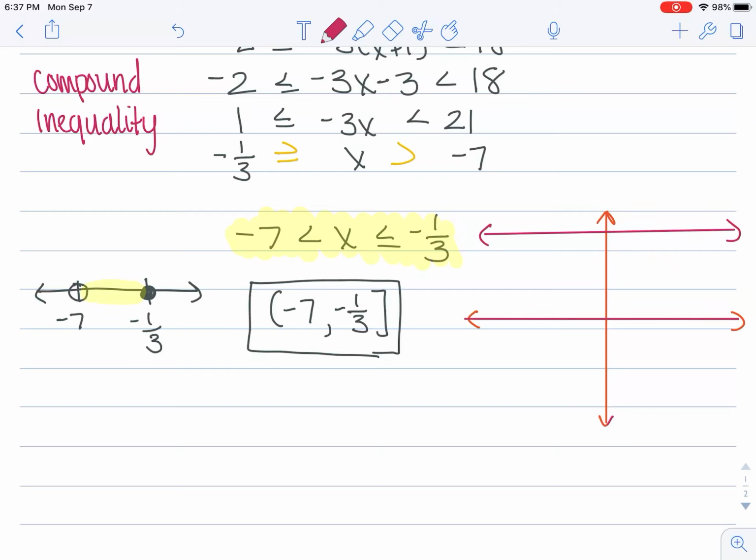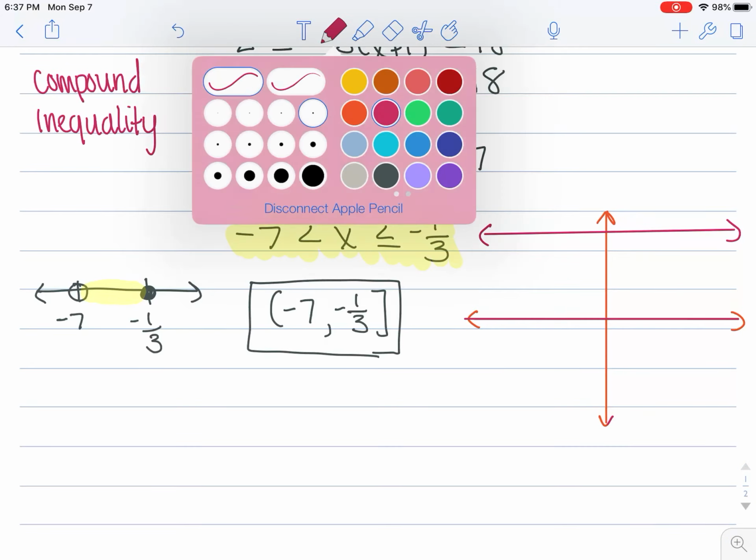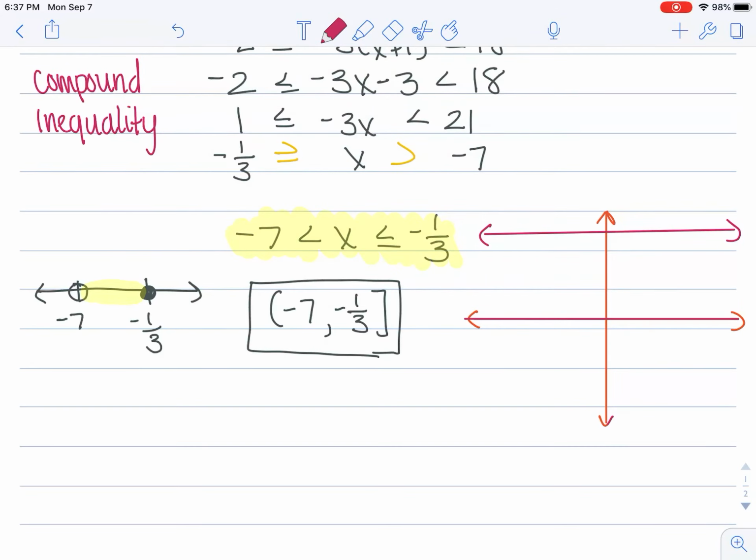Then I had this linear line. I'll just draw it in like this, and I wanted to know everything in between them.